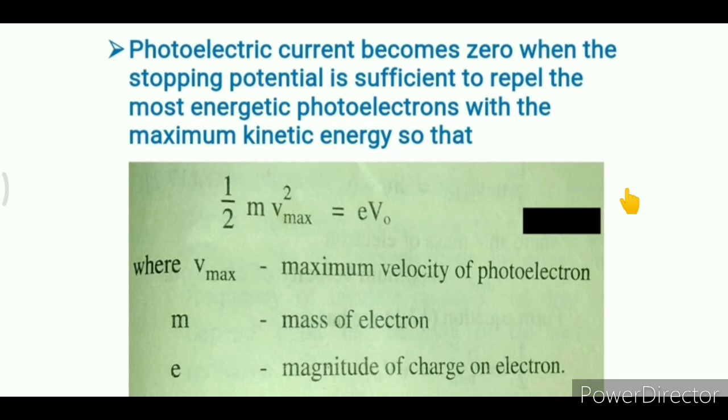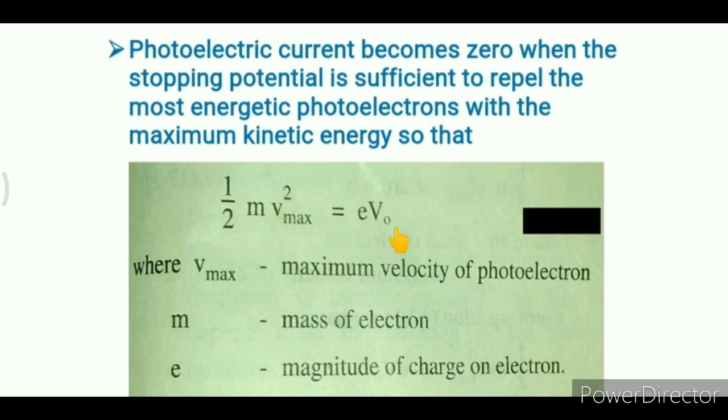So here we have to take the maximum value of the kinetic energy of the emitted photoelectrons. So all photoelectrons are to be subjected to a certain potential, by which those electrons cannot reach the collector plate, and hence the photoelectric current becomes zero.